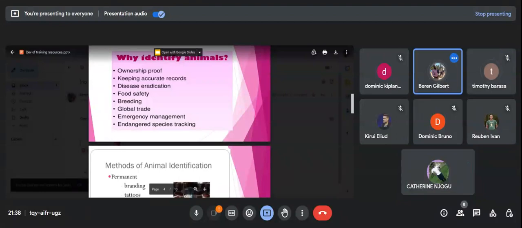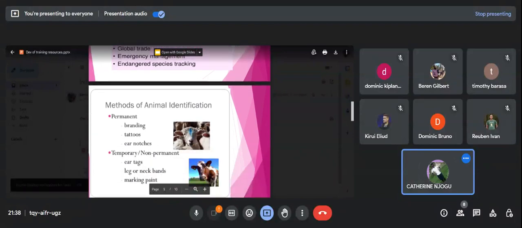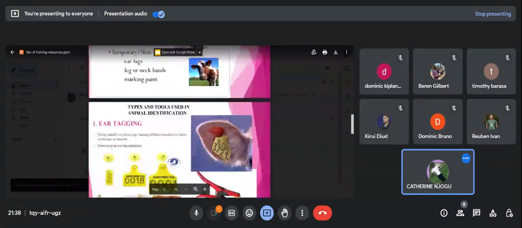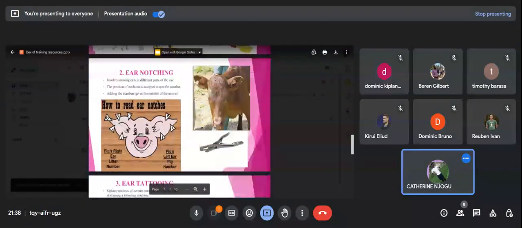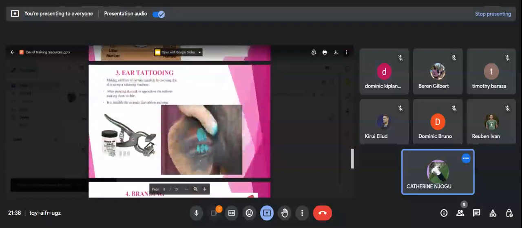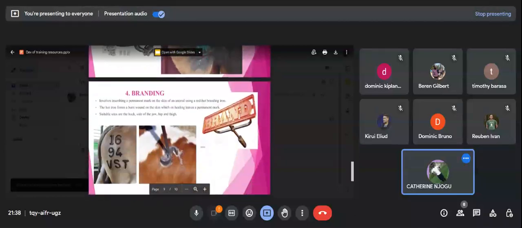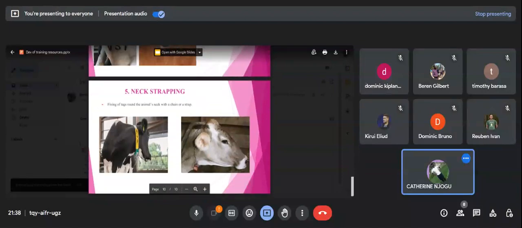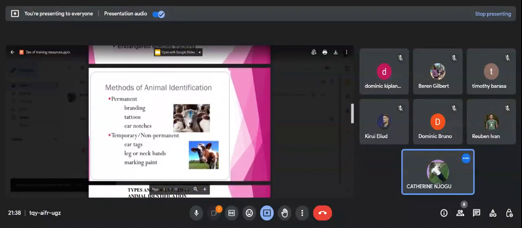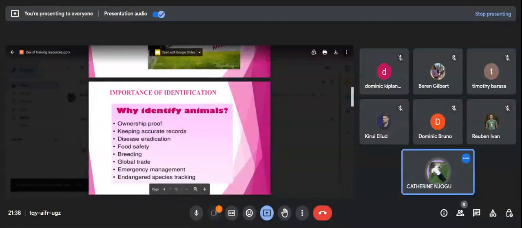Yes, you either identify a type, a method, or a tool used in either of them. So I'm starting. Yes.